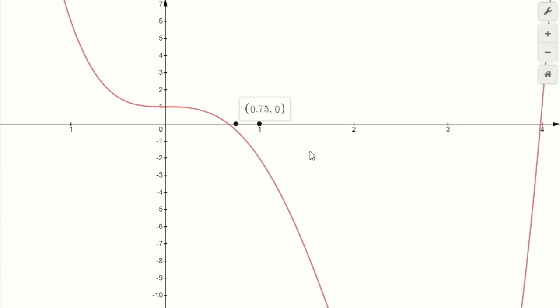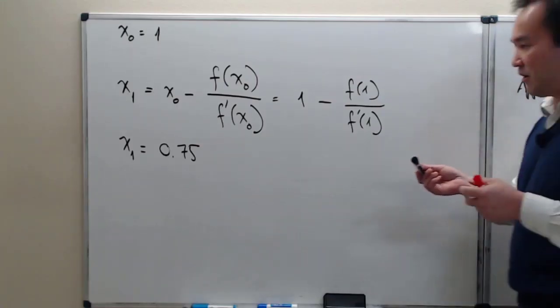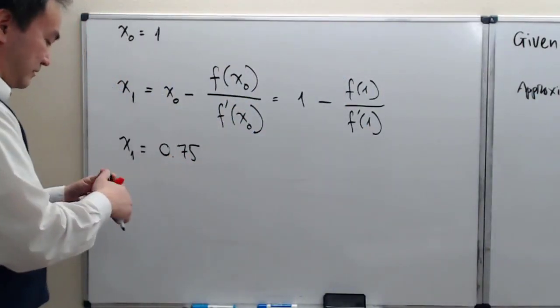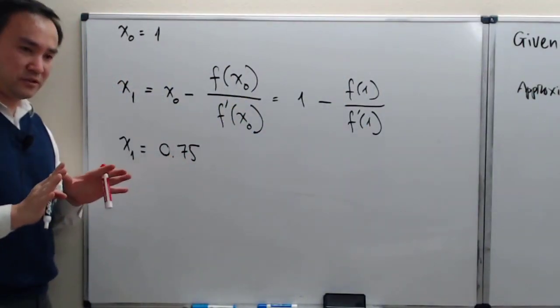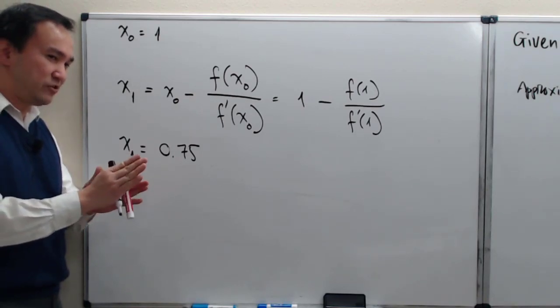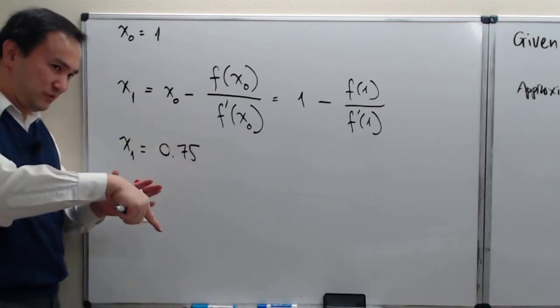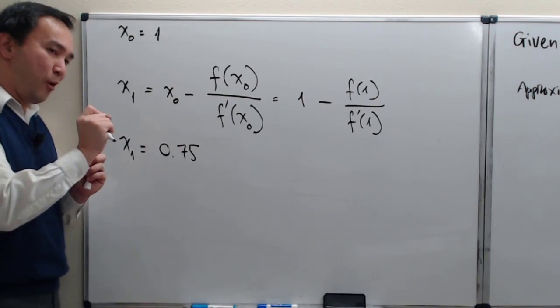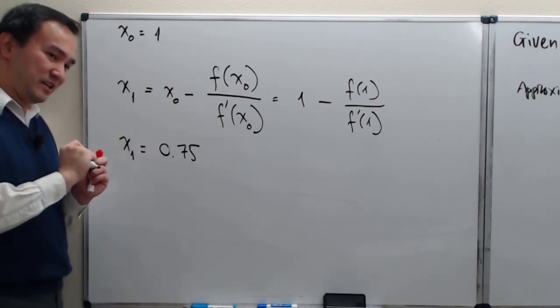So we're not happy with that point yet. That's why I am now going to head out for x2. Supposedly, x2 needs to be closer to that root, to that 0 point on the x-axis that you have seen in the graph earlier.